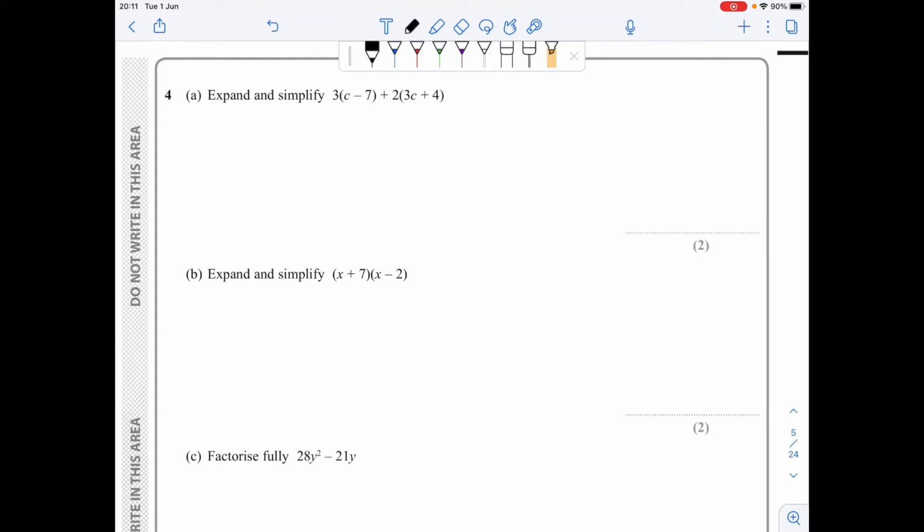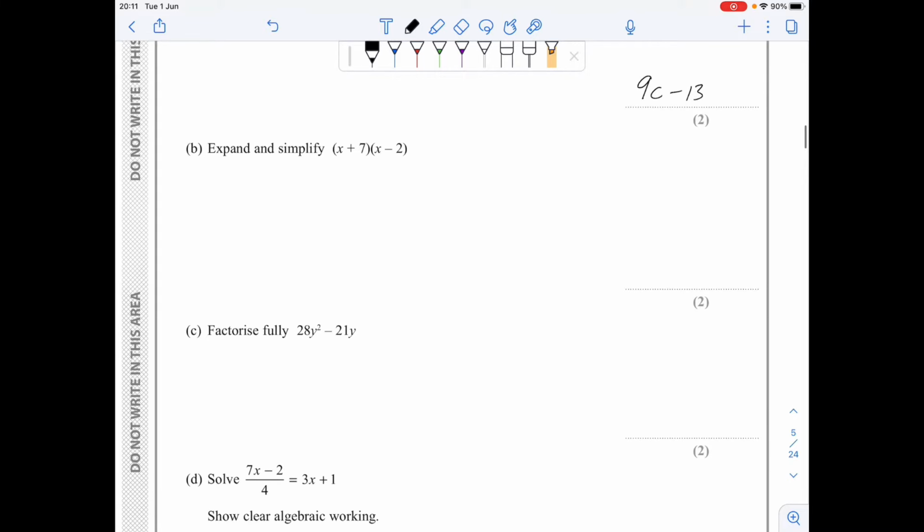Question 4, part A, expanding will give me 3c minus 21 plus 6c plus 8. And if I simplify, I will get 9c minus 13. In part B, I've got x squared minus 2x plus 7x minus 14.